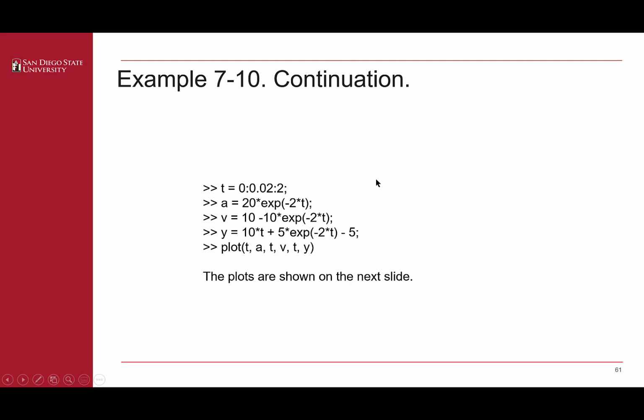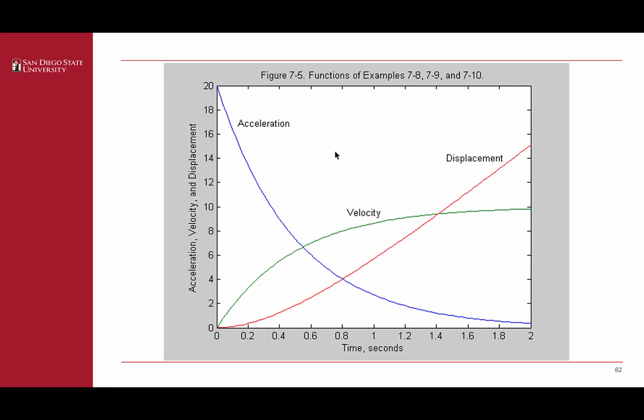Here is the MATLAB code to draw all these three functions. You can try it yourself, and the result would be like that. The acceleration decreases at a dramatic rate, and since there is acceleration, we have an increasing velocity, but the rate of this increase in the velocity is dropping.